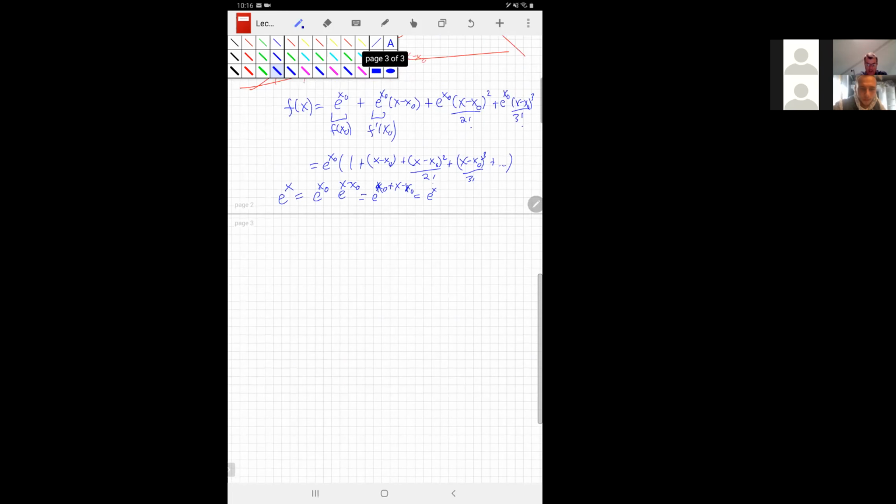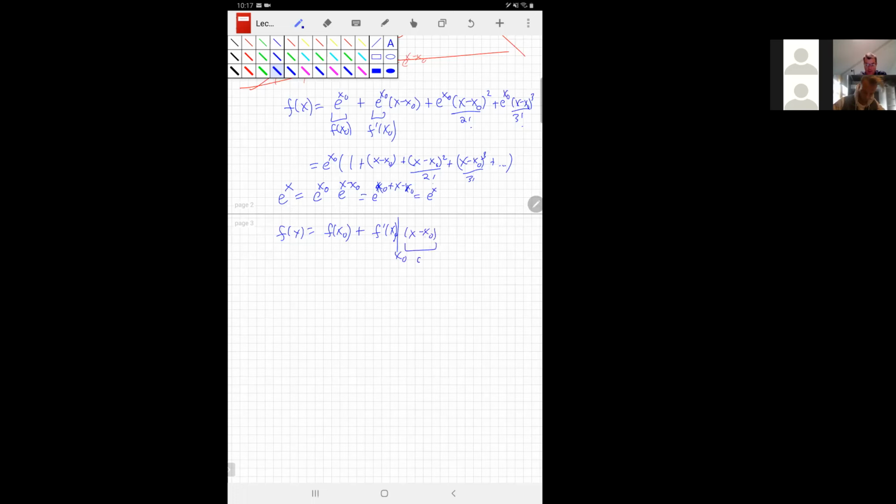Yeah, the whole idea is that you're just saying that f of x is equal to whatever its value would be there, plus a bunch of other terms that are 0 if you're not at x naught. F prime of x evaluated at x naught times x minus x naught.